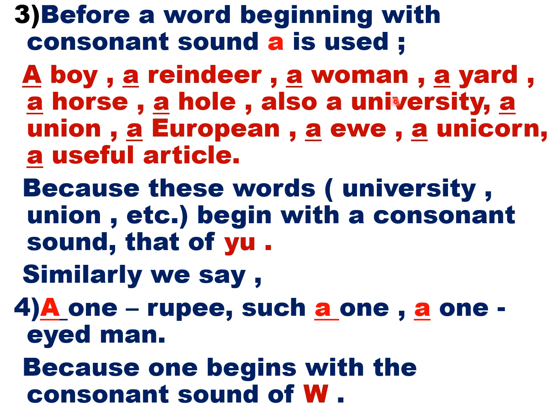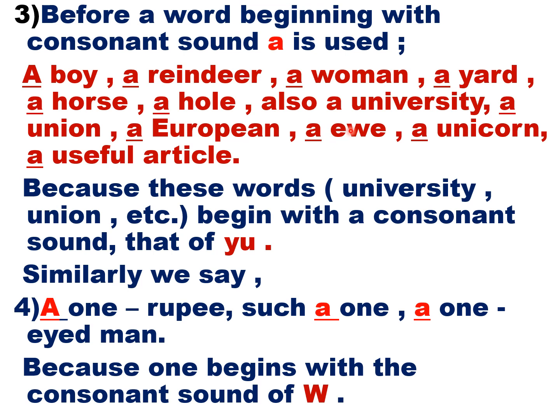See these words: university, union, European, unicorn, useful. These words begin with the letters U and E. U and E are vowels, but we must see the sound.